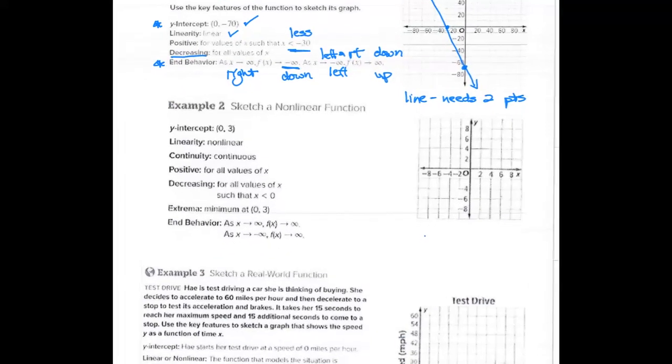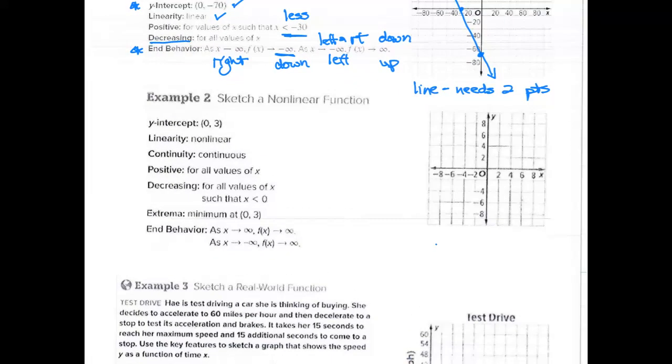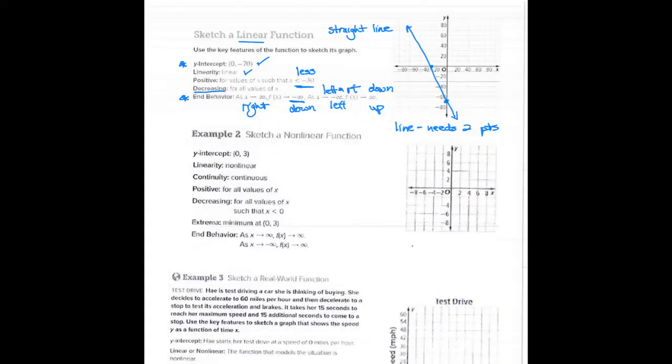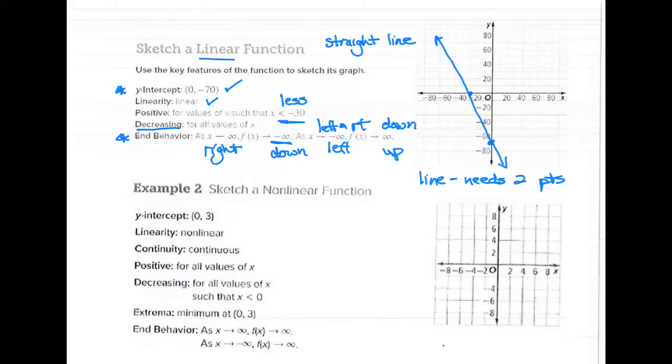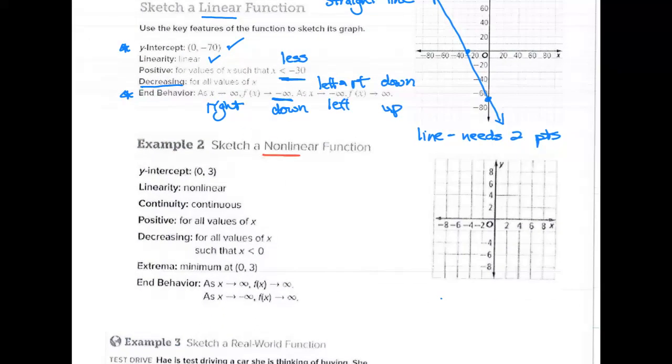All right, let's go to example 2. This says we are sketching a nonlinear. Nonlinear. So what does that mean? Nonlinear means it is, come on. Is it a line or not a line? It's not a line. It might have a curve, not a straight line.